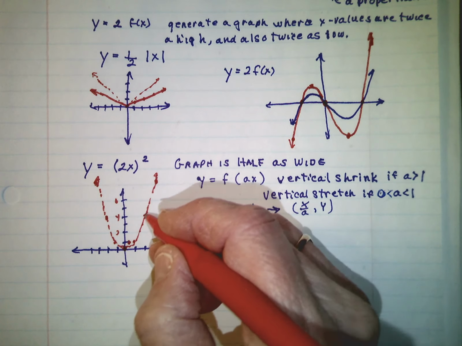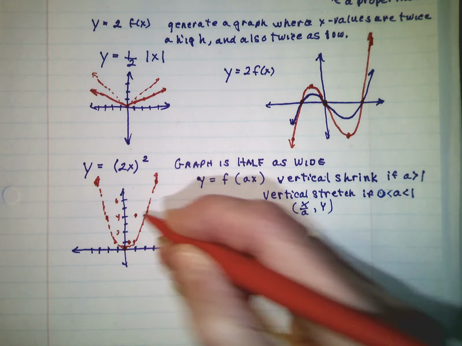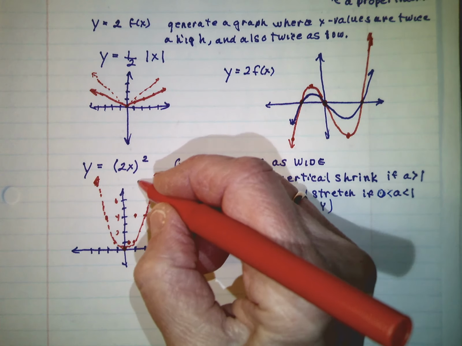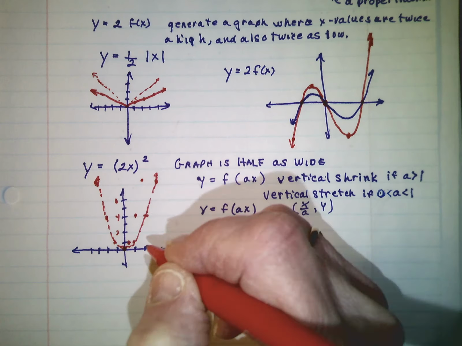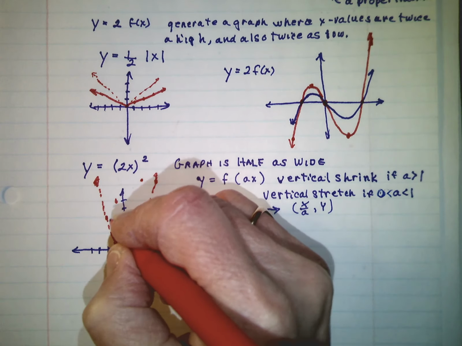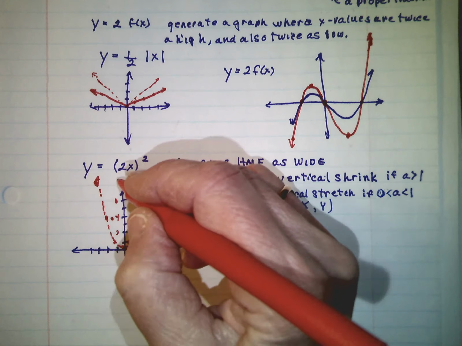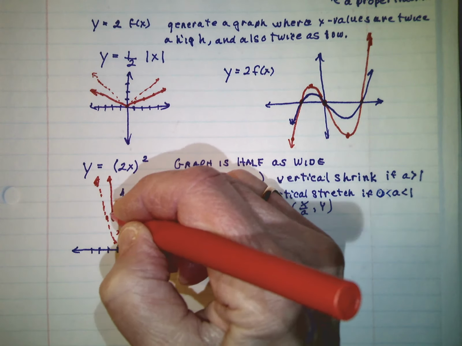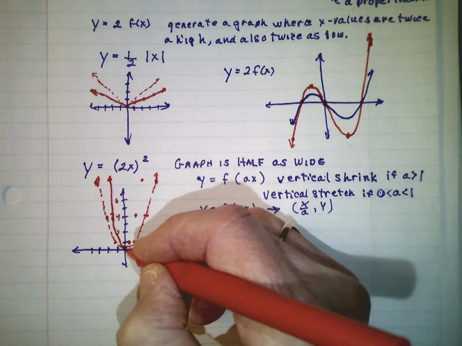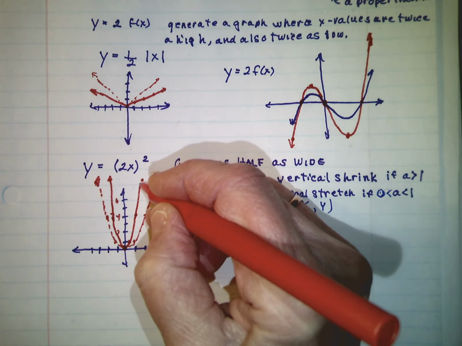And the same here. And of course I put the numerals in the way, but the graph is going to be only half as wide as the original graph.